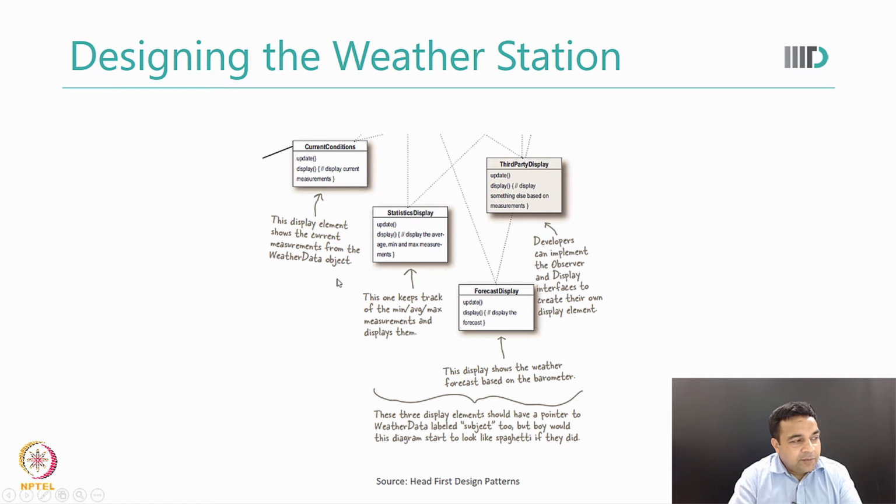Now, the display element shows the current measurements from the weather data object. We have defined three types of display elements: statistics, current conditions, and forecast display. All the display elements display a different type of value. And then there could be other third-party displays which implement the same method and may display a different value depending on the weather data.